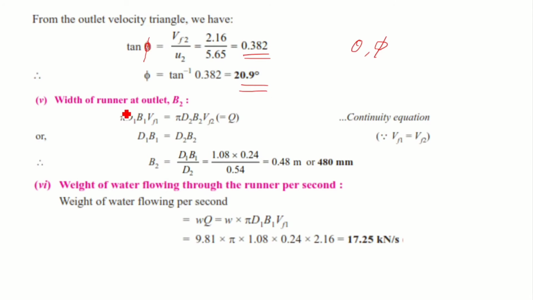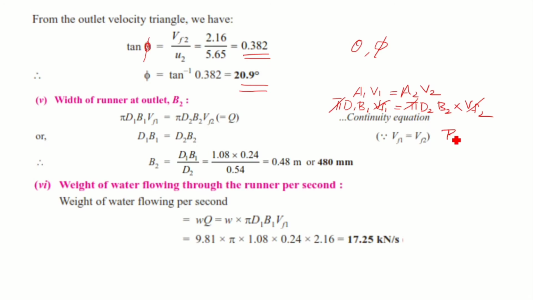So next, width of the runner at outlet. From the continuity equation, A1 V1 is equal to A2 V2. For a reaction turbine, pi D1 into B1 gives the area. Vf1 is the velocity of flow at the inlet, is equal to pi D2 B2 into Vf2. These two values are the same, and these two values are the same.